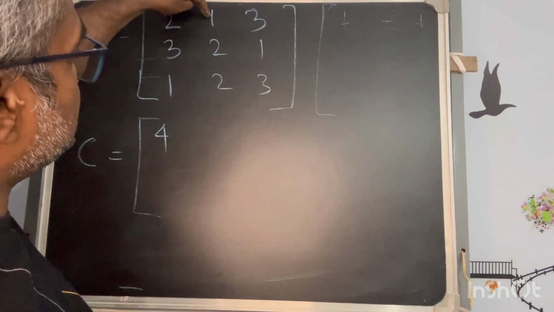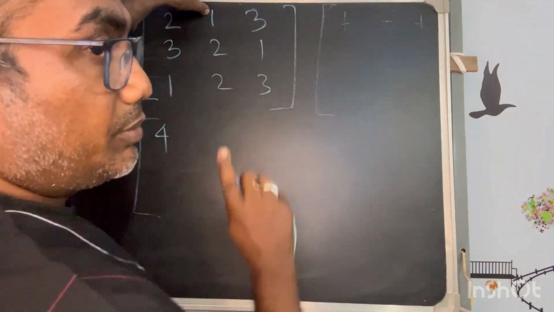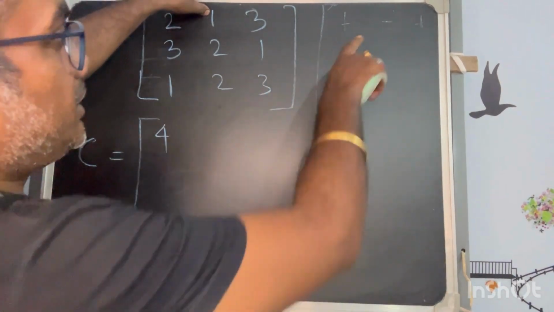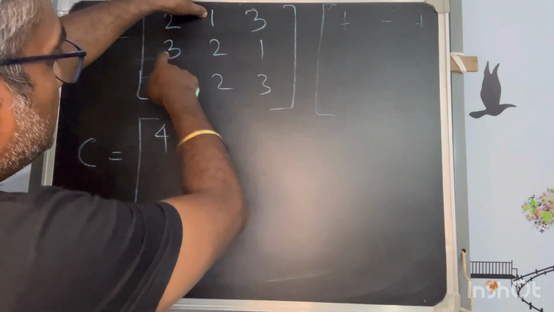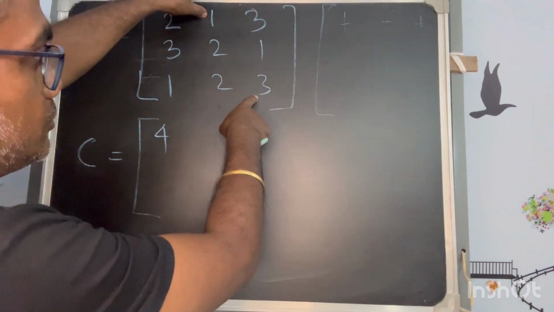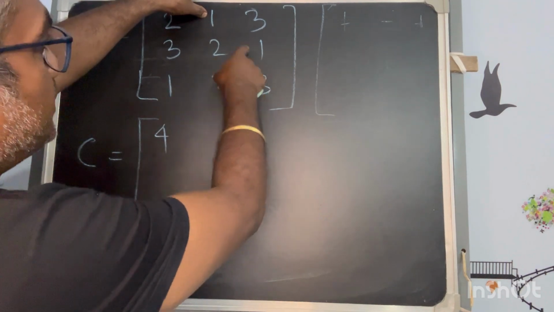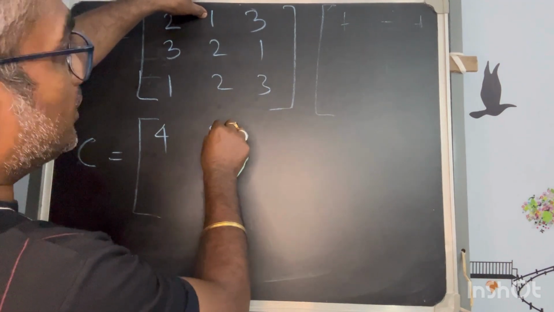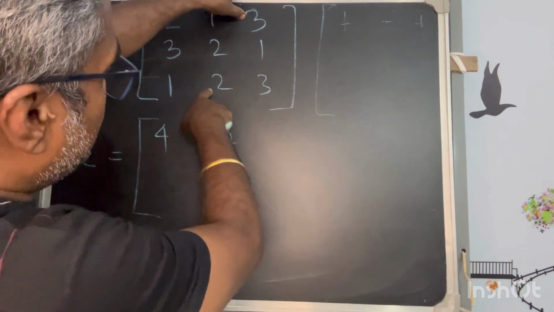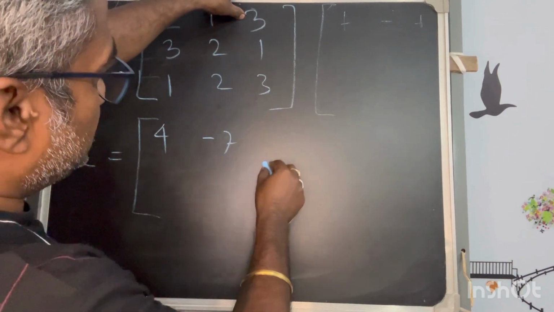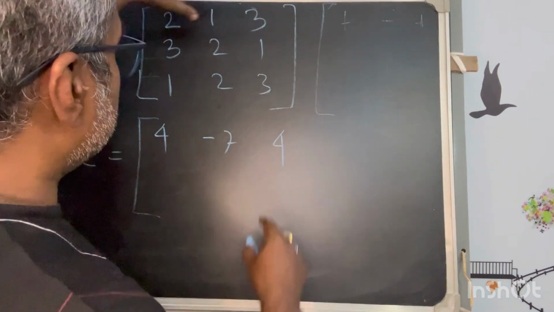Now the cofactor of this will be affected by the sign. But first you have to calculate this cofactor minor. 3 into 3 is 9 minus 2, so 9 minus 2 is 7. This is minus, so minus directly I will write. For this, 3 into 2 is 6 minus 2, 4. This will be plus.